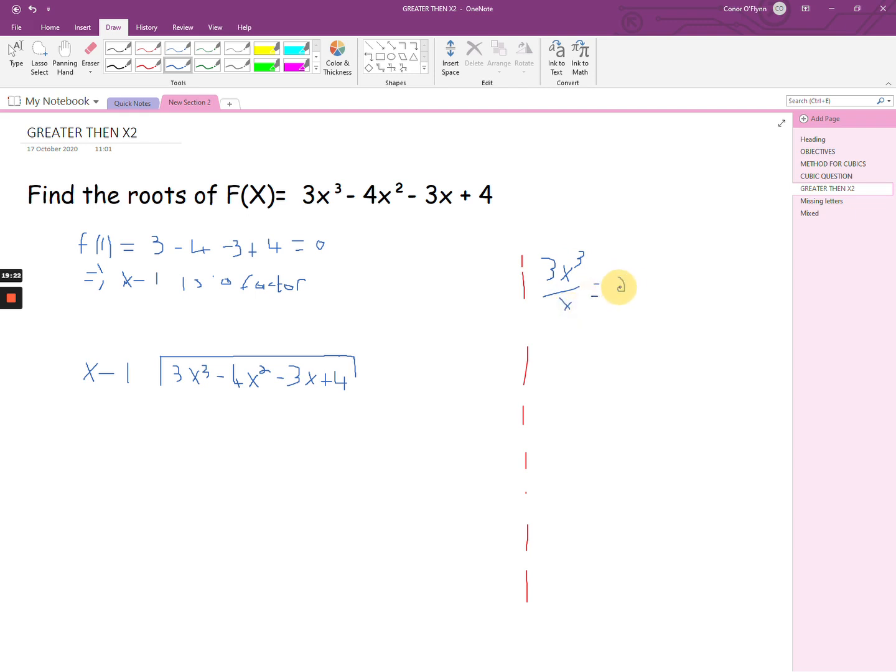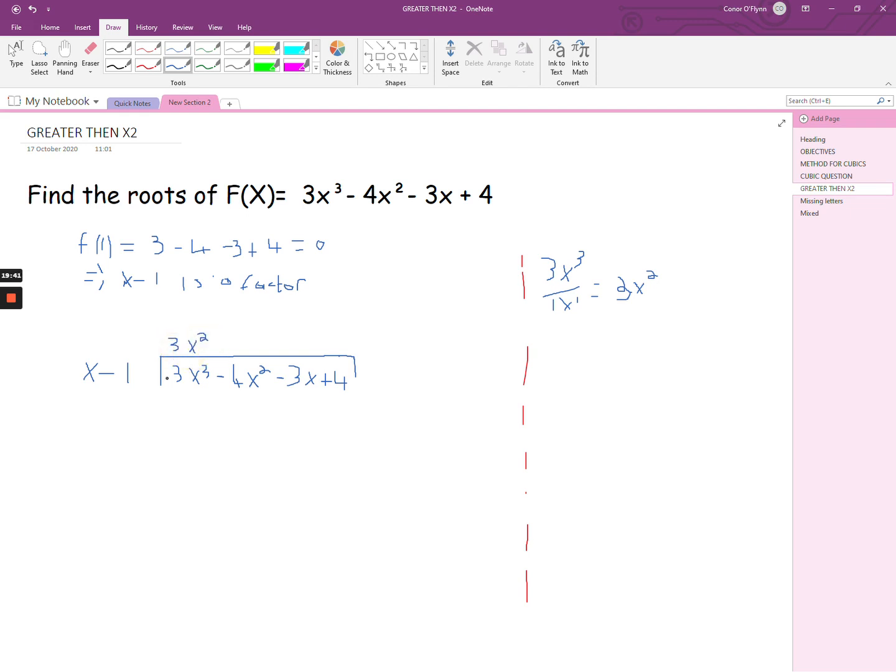So x cubed divided by x is x squared, and 3 divided by 1 is 3. So 3x squared.